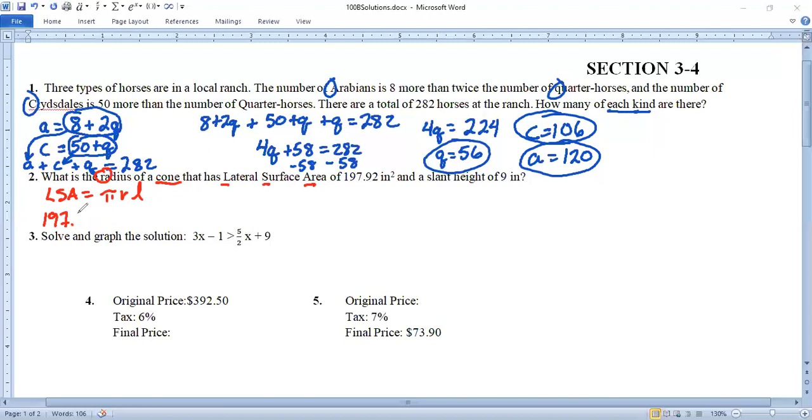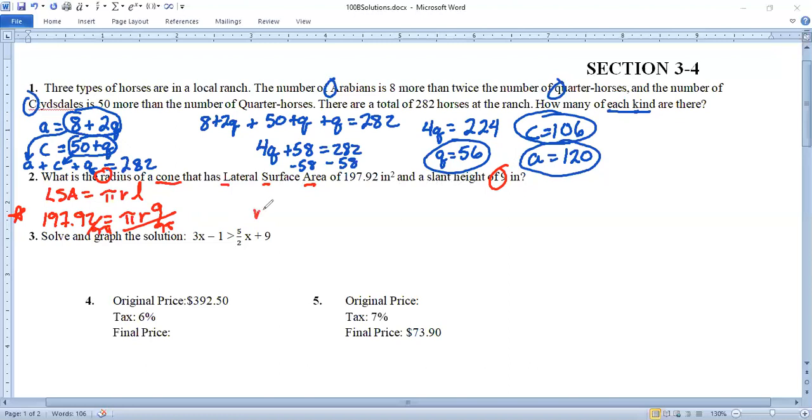That's pi times R times slant height, which is 9. So we have our equation. I like it. We have to get rid of the pi and the 9.